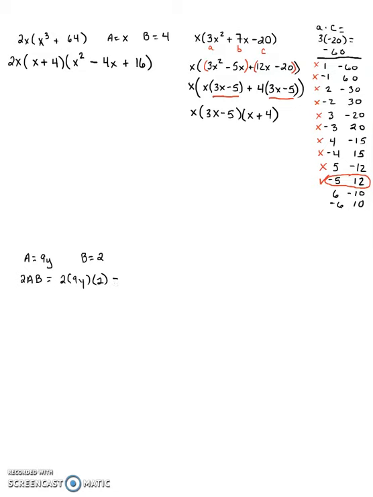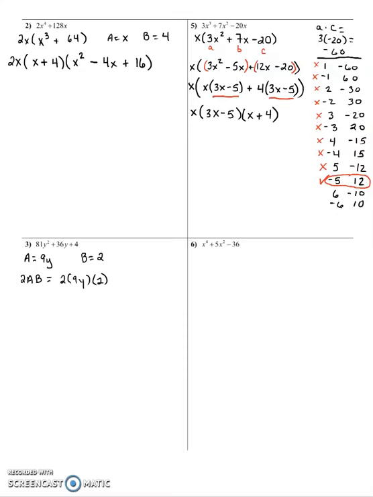So that gives us 2 times 9y is 18y, times 2 is 36y. So this is one of those that's a perfect square trinomial.